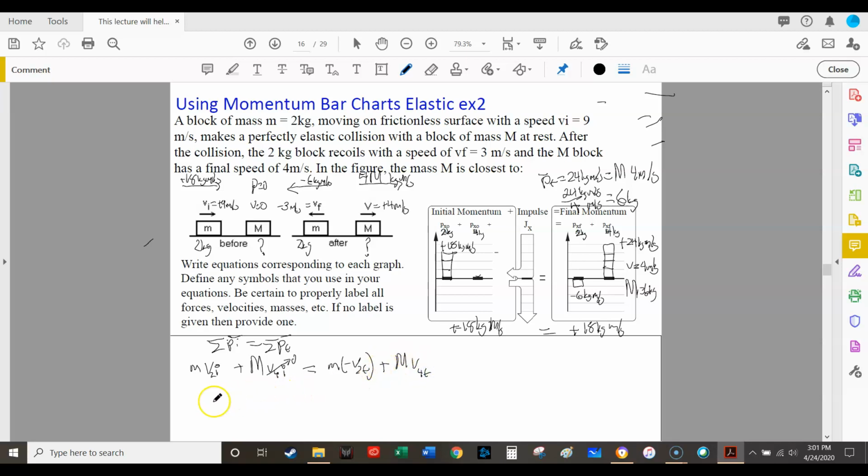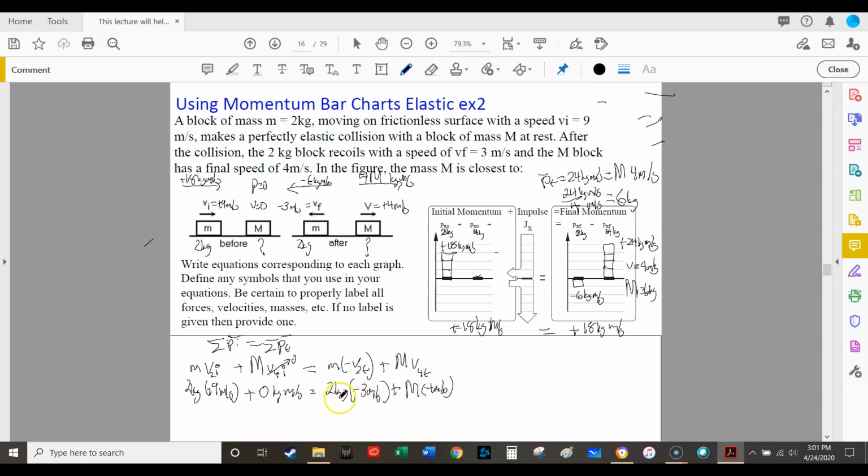So this is going to be 2 kilograms times 9 meters per second, it's positive, plus 0 kilogram meters per second equals 2 kilograms times a negative 3 meters per second plus the mass of this object times a positive 4 meters per second.